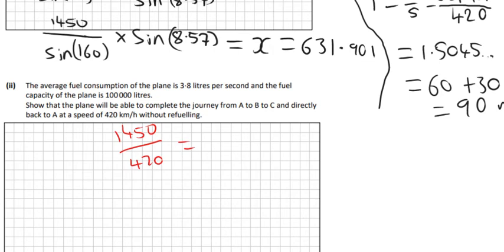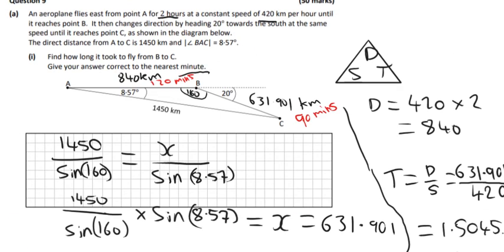So if you put that in your calculator, you'll get 3.45, and that will be in hours. So we have the other things in minutes, so I'm just going to times that by 60 and it'll change into minutes. So we're going to get 207.14 minutes.